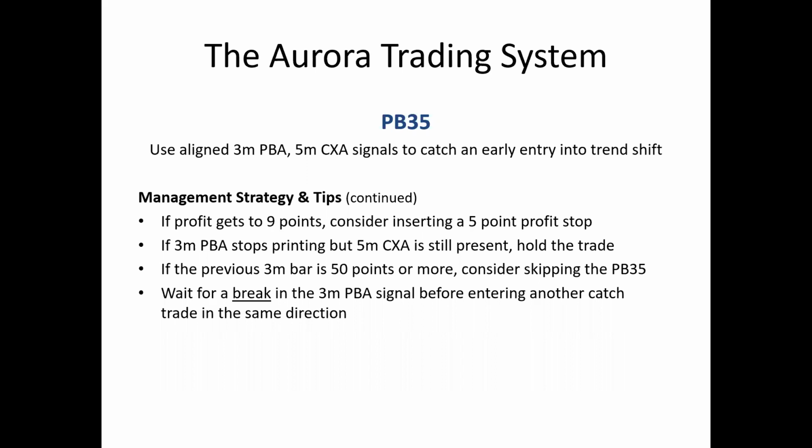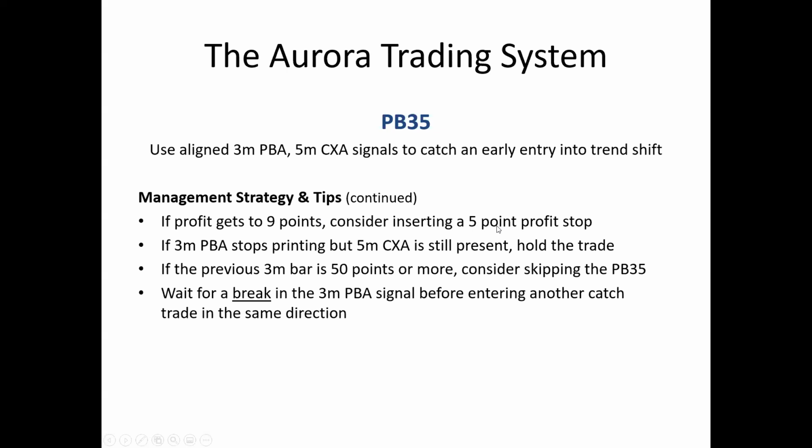That is a horrible feeling because you really were just 1 to 3 ticks away from hitting your 10-point profit target. So we have made it a practice now that when we get to 9 points or more of profit off a bar open, we consider inserting a 5-point profit stop.